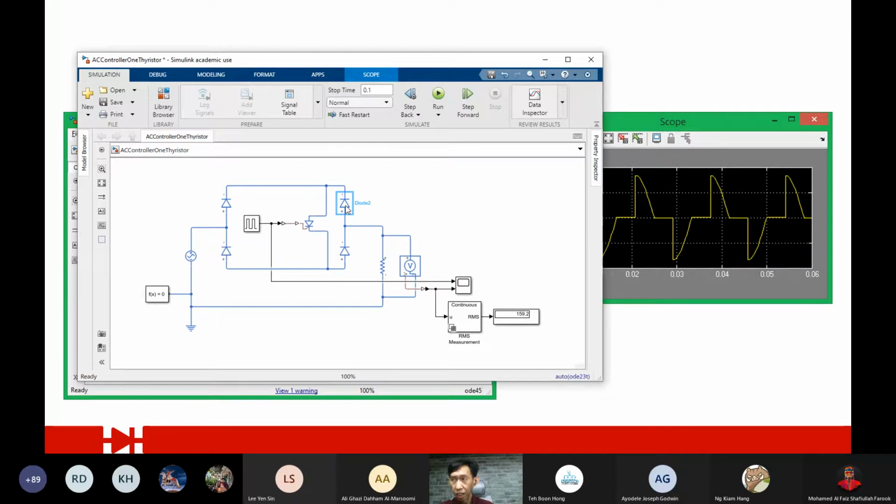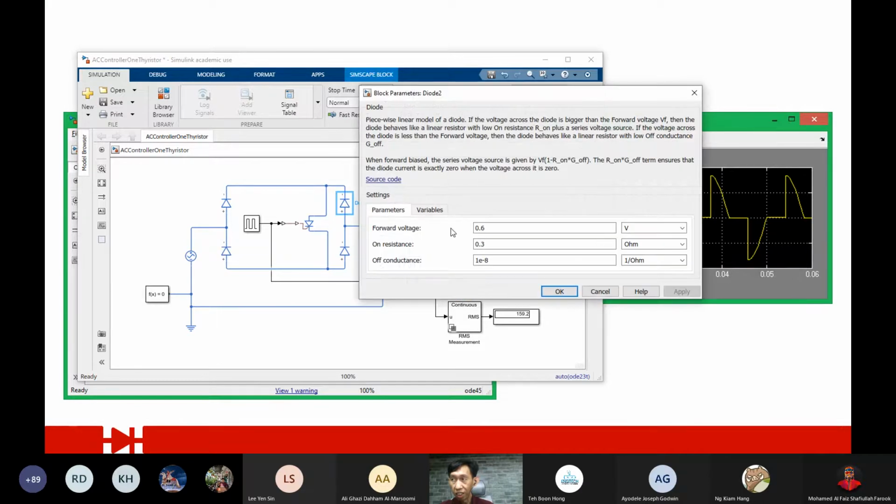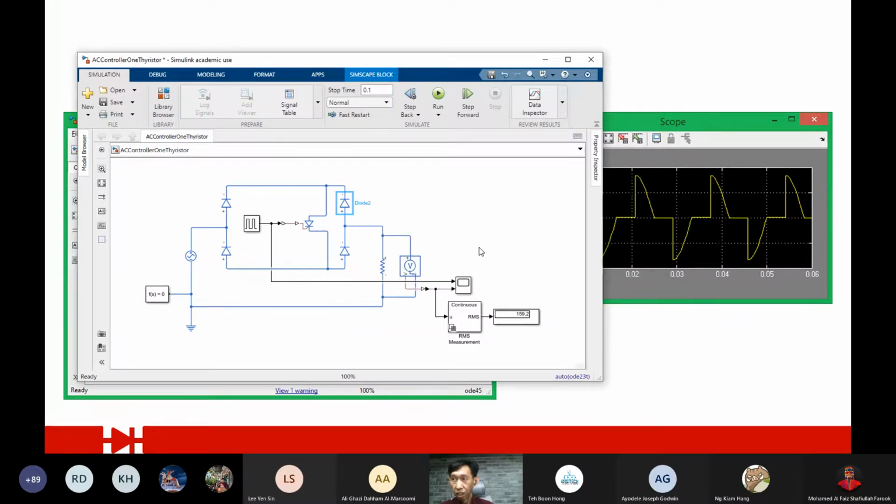Okay, your diode, are you using the simple diode? I'm using... I know the problem.